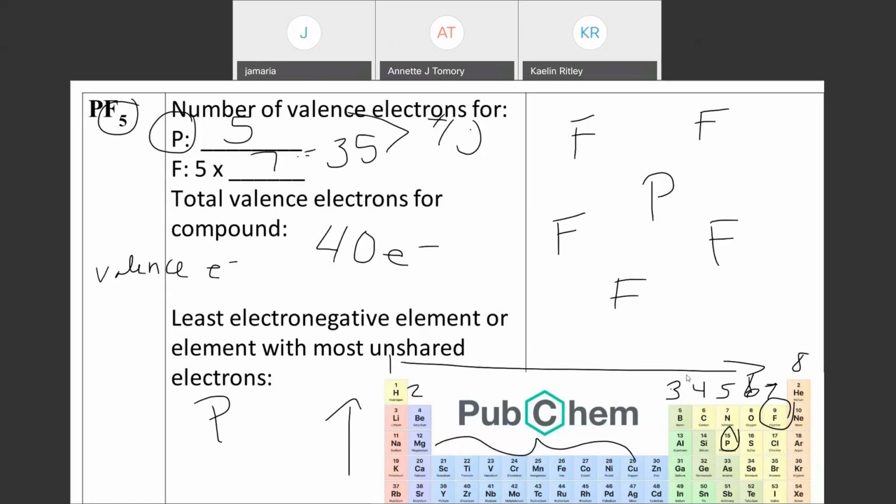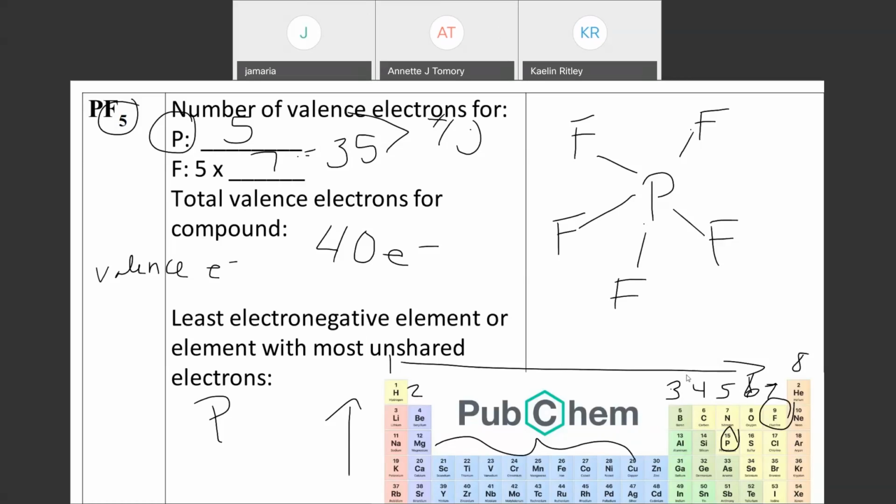Okay. All right. So the 5 fluorines around the phosphorus. We need to connect these to the phosphorus, so we're going to connect them inside, as such. You follow me so far? Yes. Now, how many electrons are in each one of these lines?